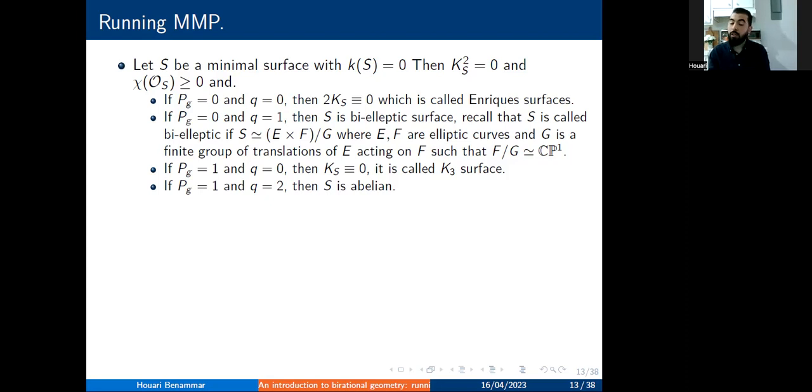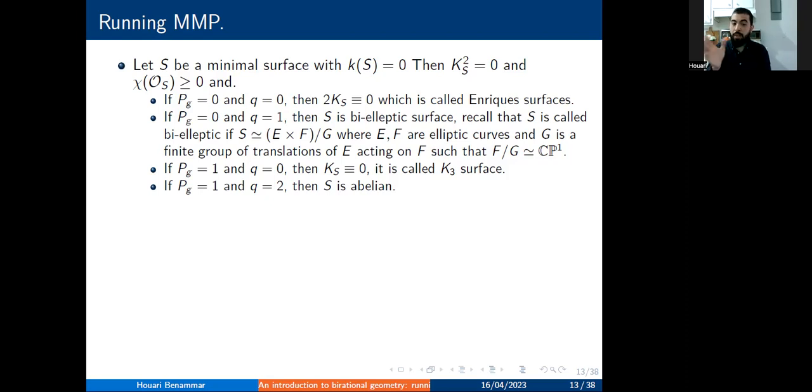That means that the canonical line bundle is torsion. So when we twist this canonical line bundle by itself, we get the trivial line bundle. And we can see that the holomorphic Euler characteristic is positive also.